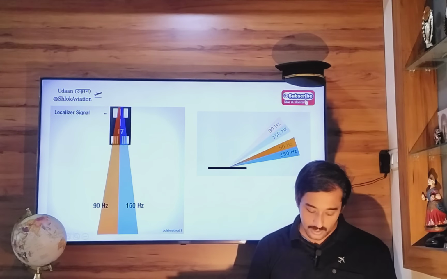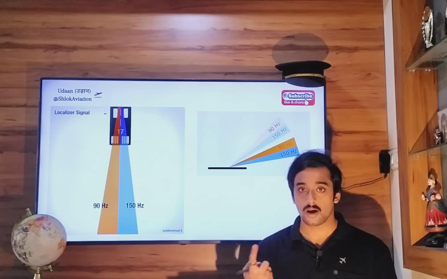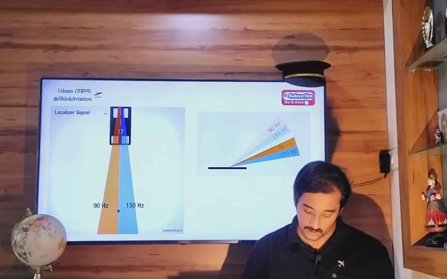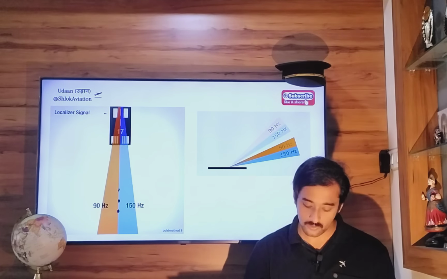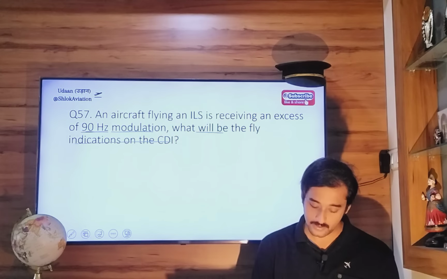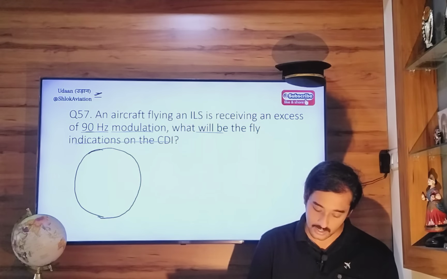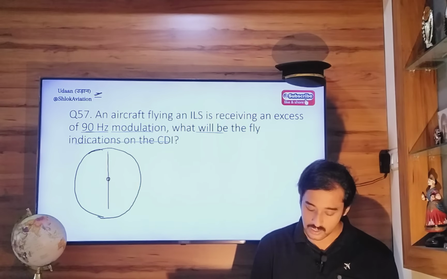So when you are flying correctly on the center line of this runway, the OBS selector or the instrument, the CDI instrument, will have the localizer needle right in the center.